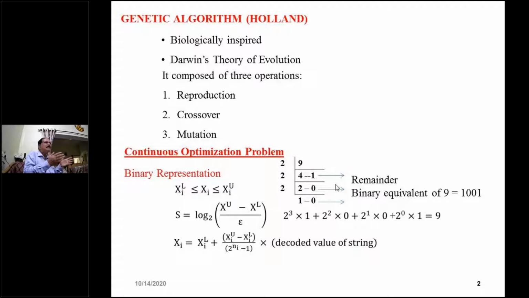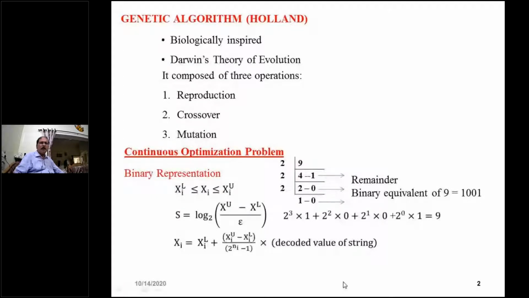These bounds should be known to you. Once you know these bounds, then you express these variables in terms of binary. An example is given of how you express a number in binary form.